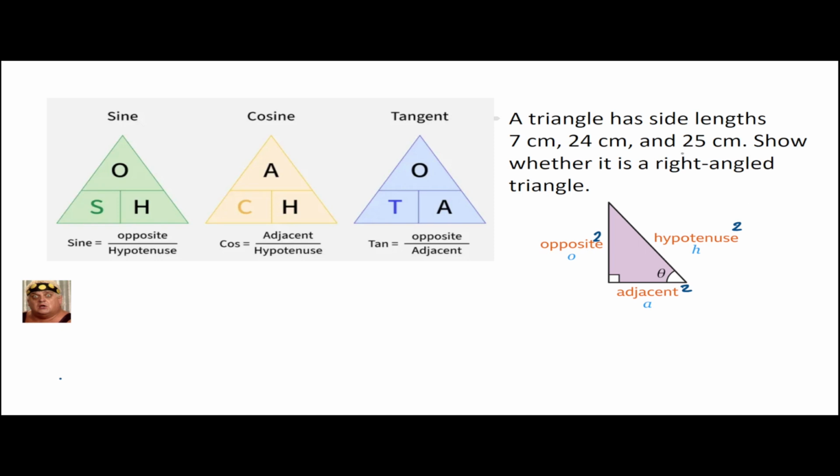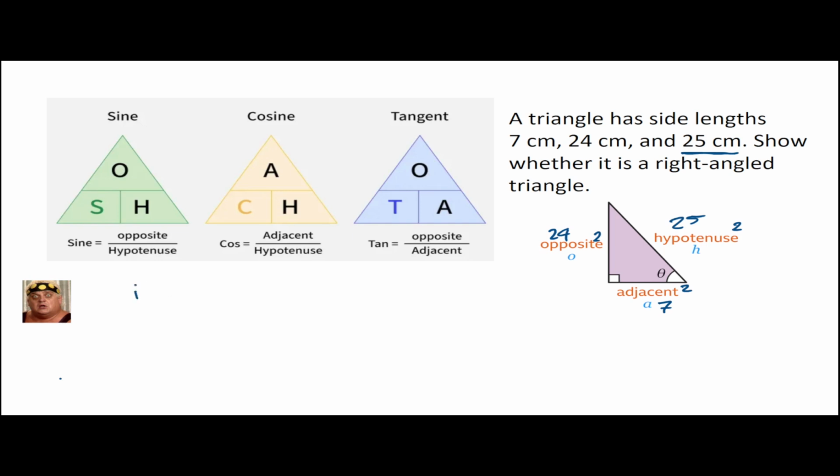And the hypotenuse side is always the longer side, so the 25 centimeter side would be the hypotenuse side. And then let's call this one 24, and let's call this one 7. So just by looking at it, it's pretty unlikely that it is actually a right angle triangle, but let's make sense of it.